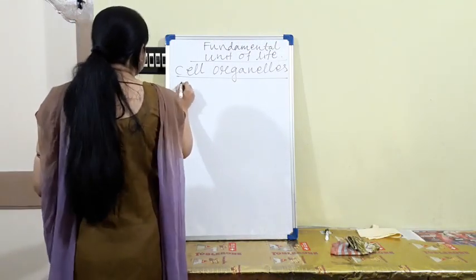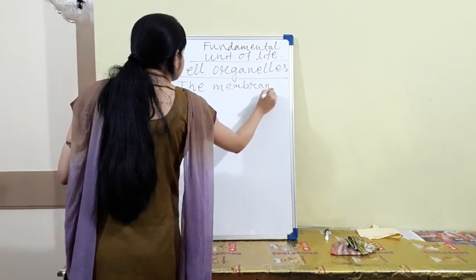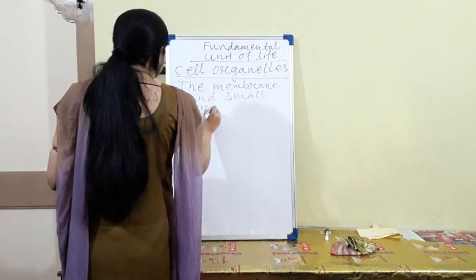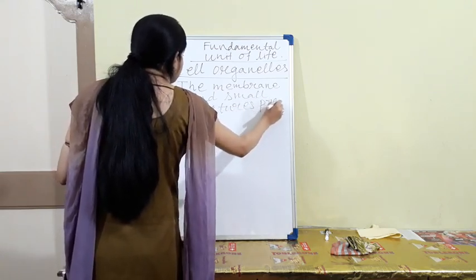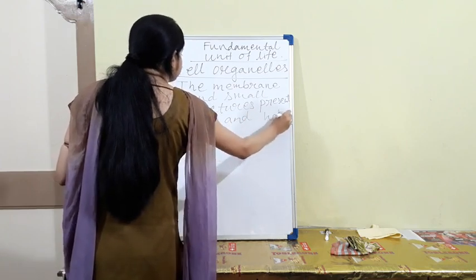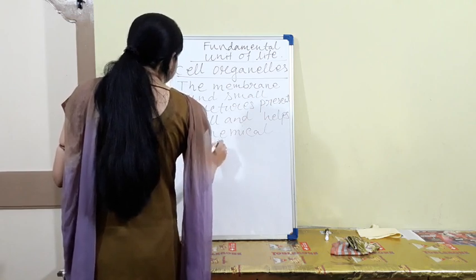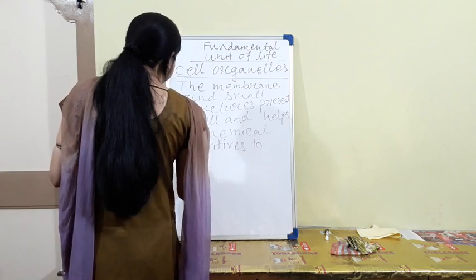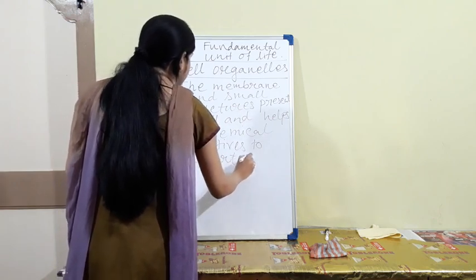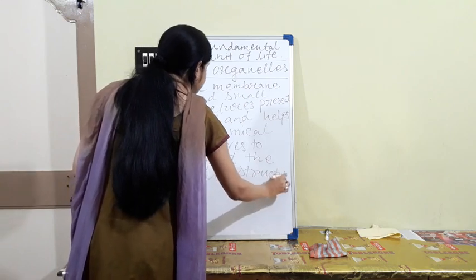So you can say that cell organelles are membrane bound small structures present in the cell and help in chemical activities to support the cell's structure and function.